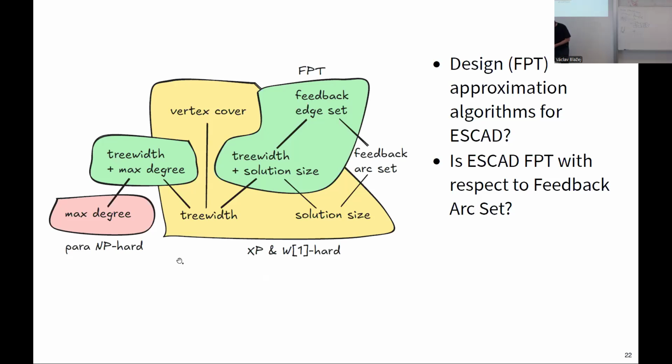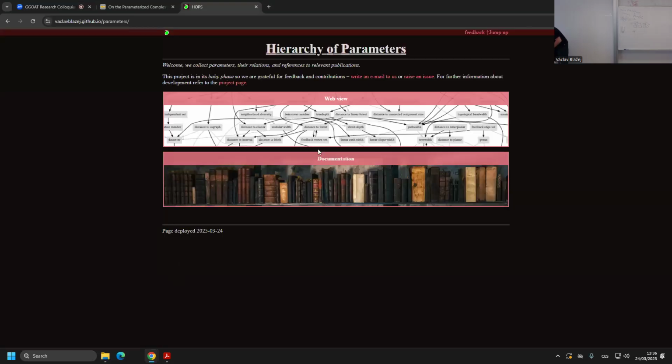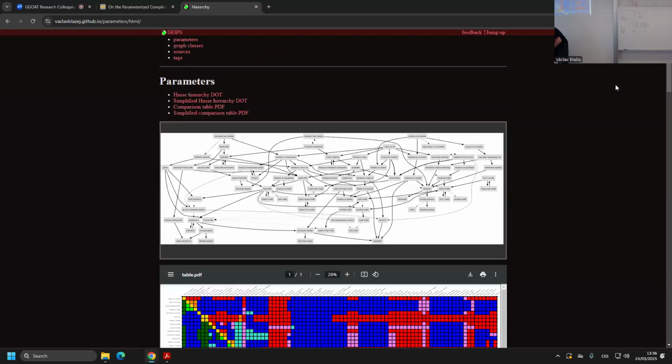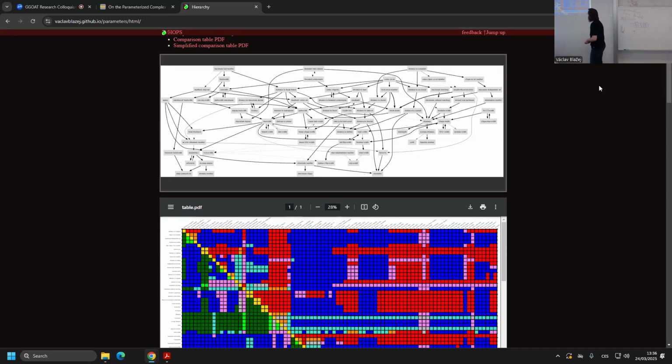What I want to show is that I've been working on this website where you have exactly this information. You have various parameters on graphs, and you have their relations. So if that parameter is bounded, it means that this parameter is bounded. There is a little more complete information that you can get from it.